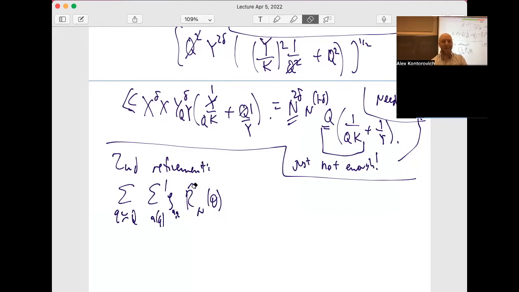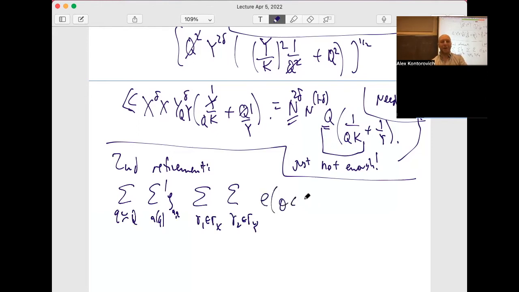And I'll also immediately remove the R hat theta Q and put a sum over gamma 1 of size X and gamma 2 of size Y, e to the 2 pi i theta, V, gamma 1, gamma 2, V. The R hat replacement. The R hat, yeah, the new R hat.